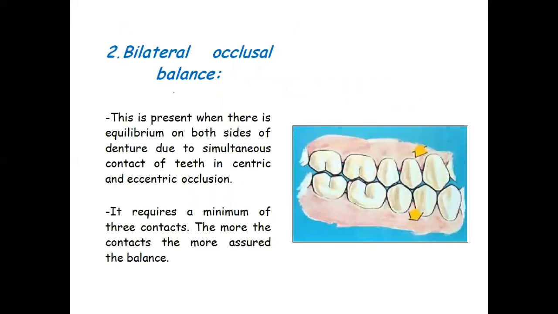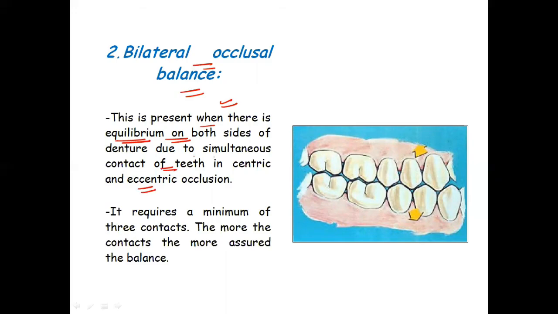Then come to bilateral balanced occlusion. Bilateral balanced occlusion is present in complete dentures. This is present when there is equilibrium on both sides of the denture due to simultaneous contact of teeth in centric and eccentric positions.